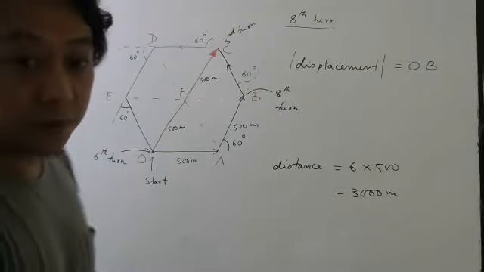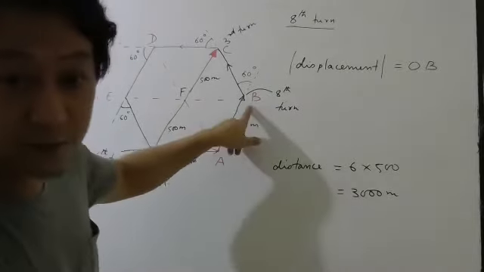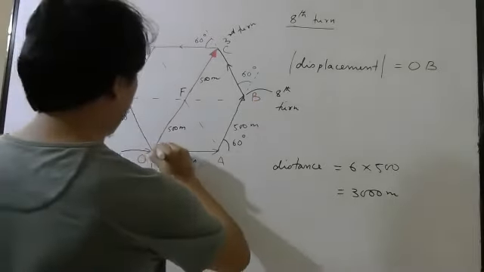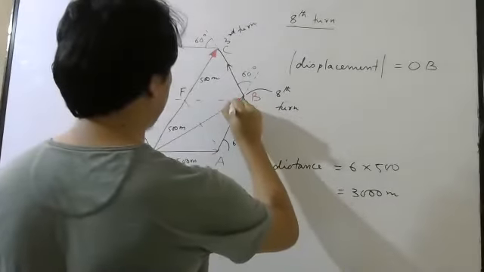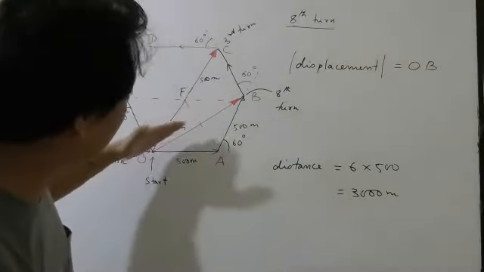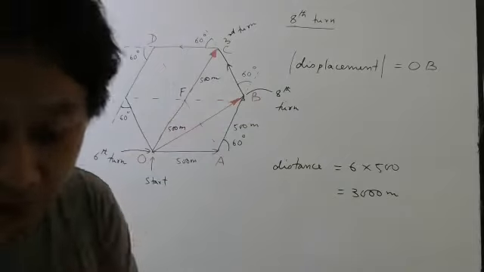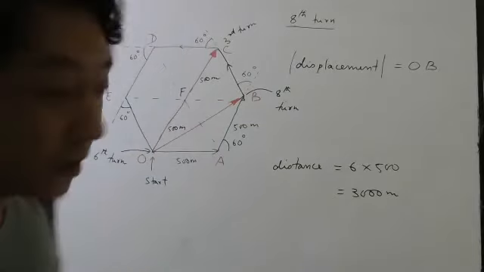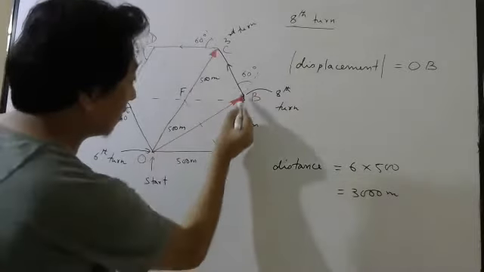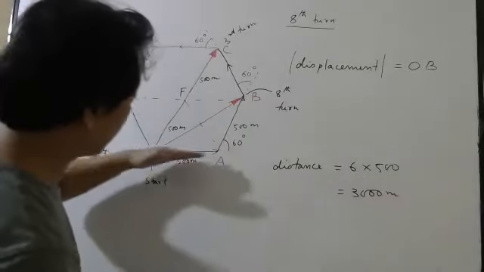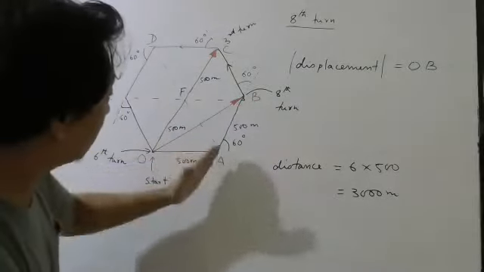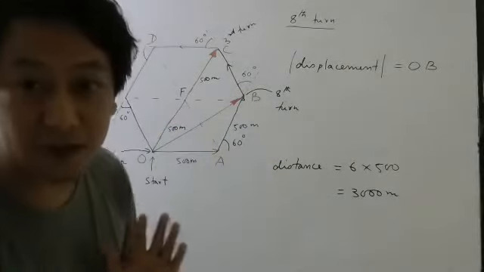So now, look here. By the eighth turn, it will be here, right? So what will be the displacement? This will be the displacement now. This one you cannot find directly. But listen carefully now. Stop writing. Look here, this vector plus this vector will be this vector. Agree or not?